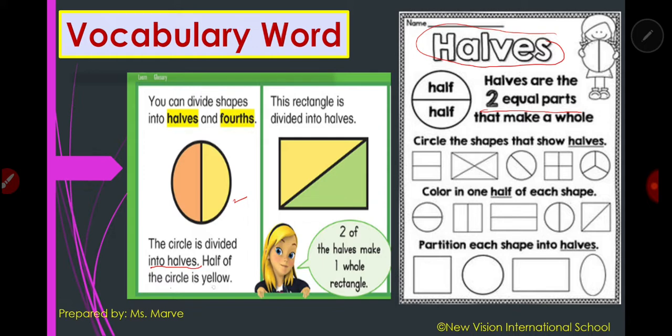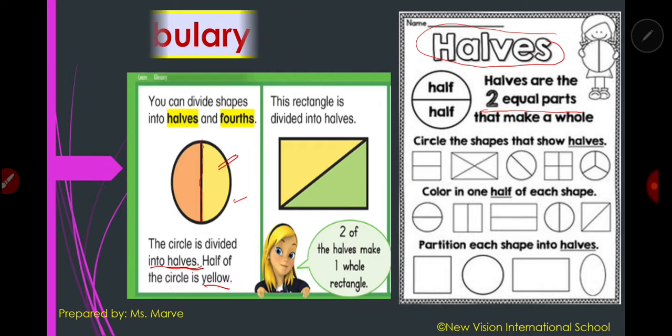Half of the circle is yellow. This is the yellow. The half of the circle is yellow. So we call this one halves. What is halves again? Halves are the two equal parts that make a whole.